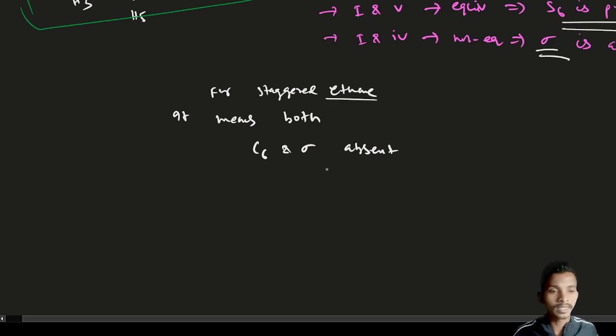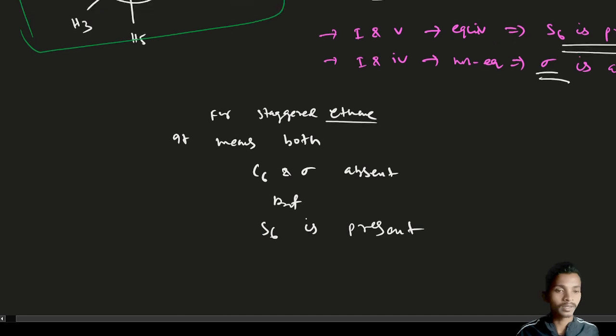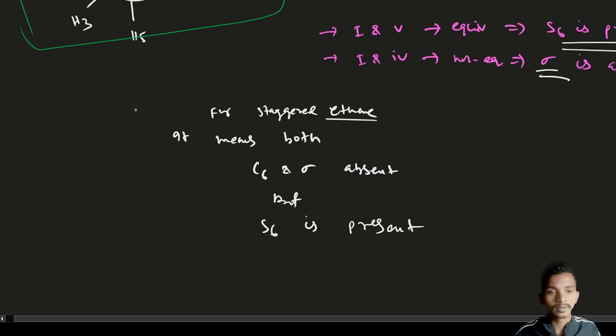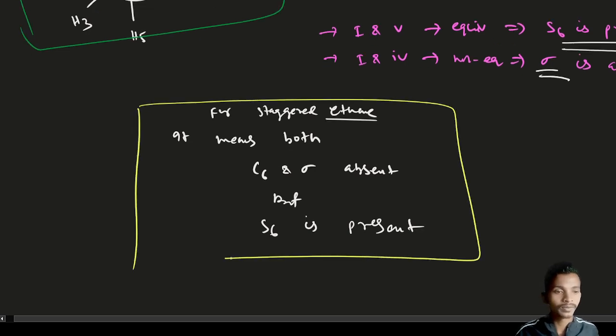See that both C6 and sigma are absent, but S6 is present. Okay, this is one important result.